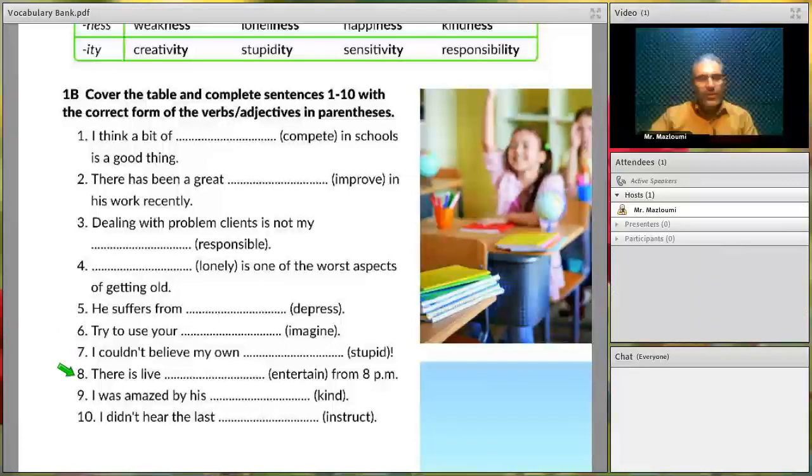It was so stupid of me. Number 8, there is live entertainment from 8 p.m. 9, I was amazed by his kindness. And 10, I didn't hear the last instruction.